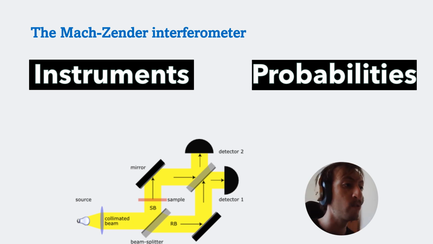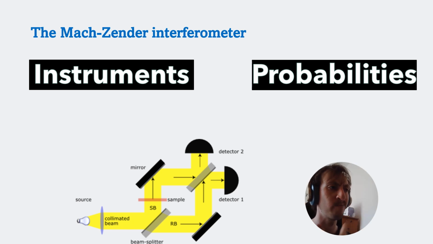Now, the sample will introduce a phase shift onto our photon. However, this phase shift won't impact how it will be deflected off of the mirror or how it will act when going through the beam splitter. So again, if the photon takes this path, we would expect there to be a 50% chance of it landing at detector 2 and a 50% chance of it landing at detector 1.